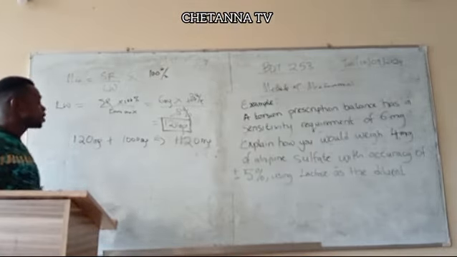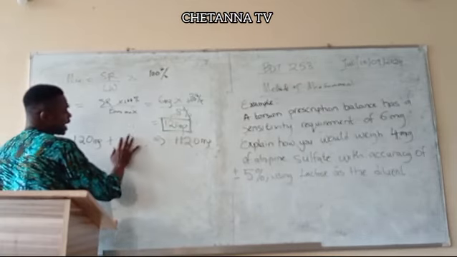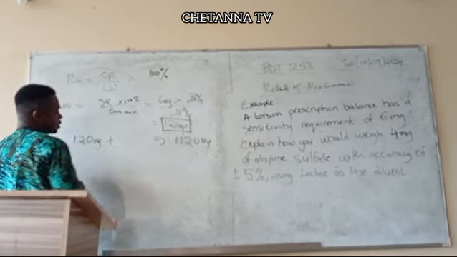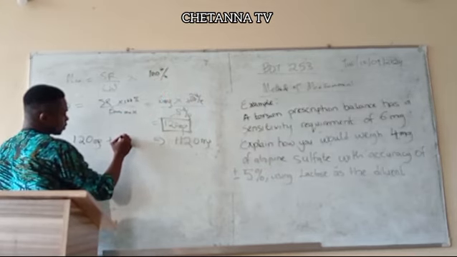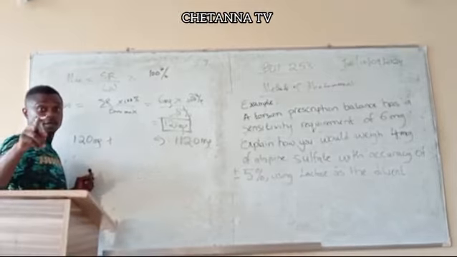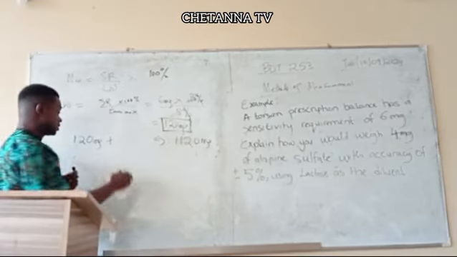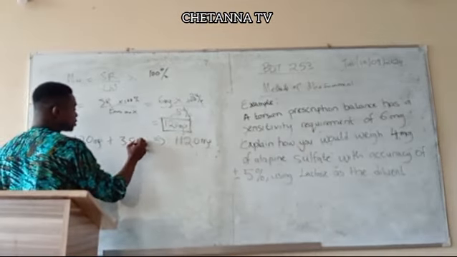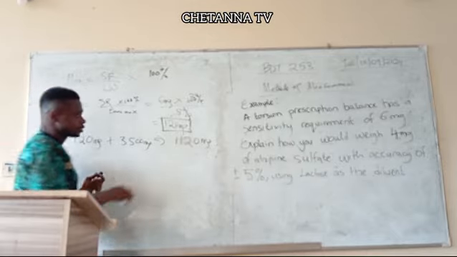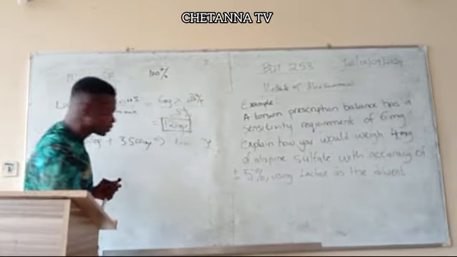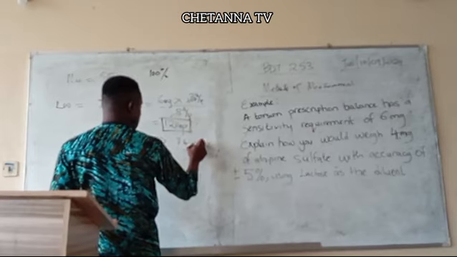Here now, if you add, let's add 500 milligram of the lactose. Right? Yes. Good. This will give you 620 milligram.